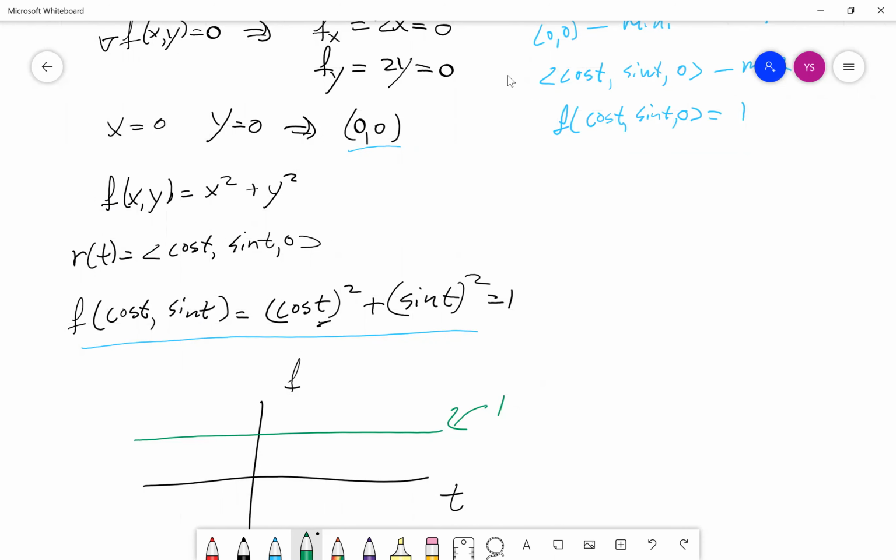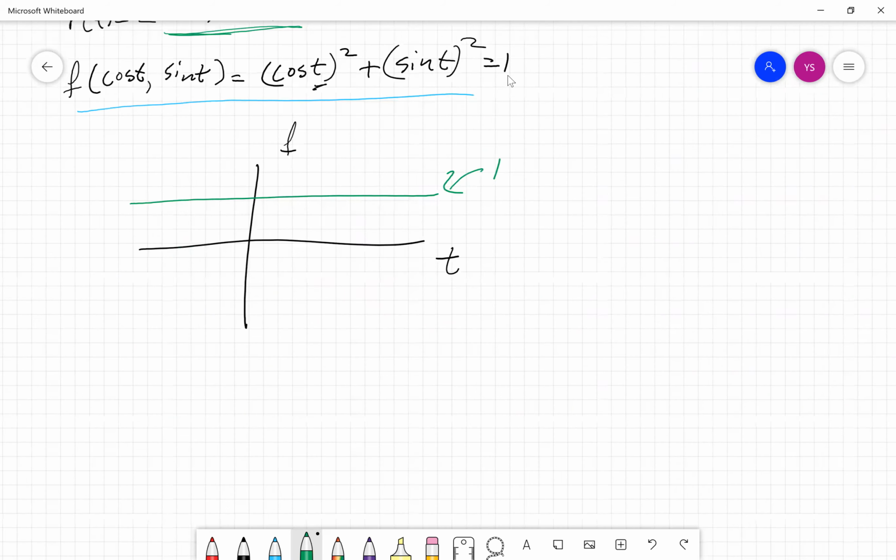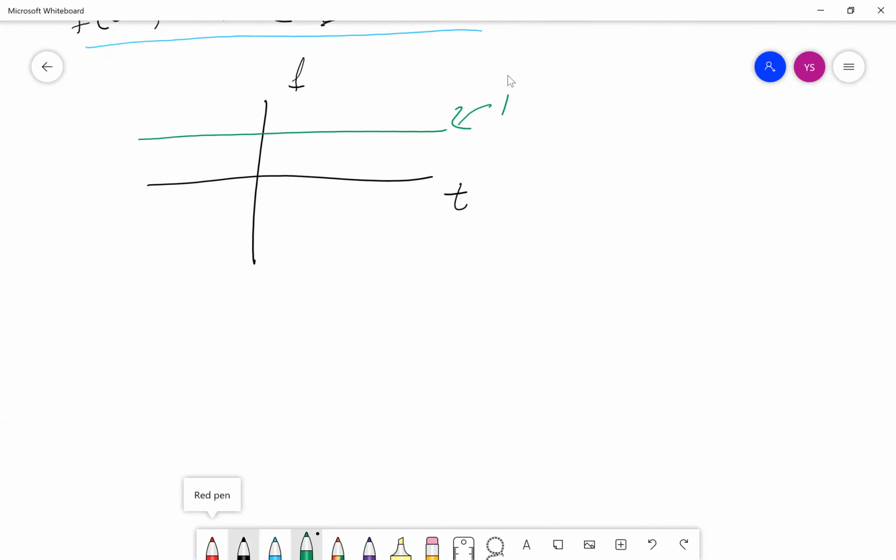So let's do a slightly harder twist to this problem. Instead of looking at the circle where all the points are the same, let's look at the same function. Again, f of x, y is equal to x squared plus y squared.